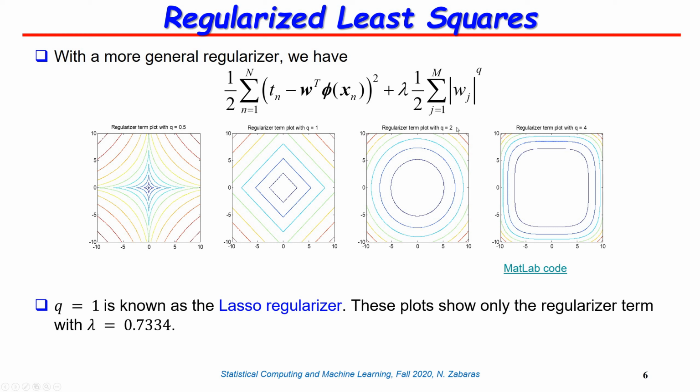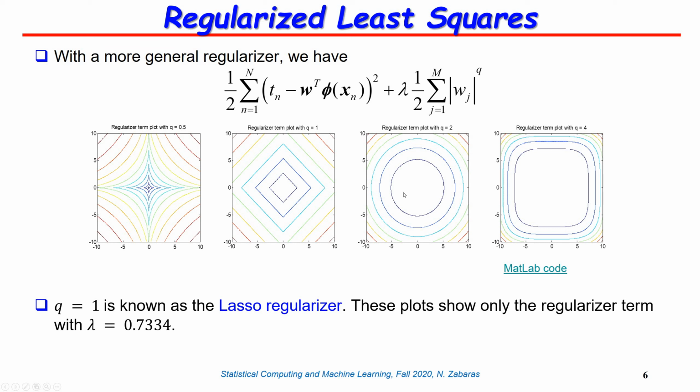Obviously, if q equals 2, you get these nice contours. These are the contours only of the regularization term, so you get these nice circles. Now, if q equals 1, you get these squares with the coordinates that you see here, and this is what we call the Lasso regularizer. If q is greater than 1, you get contours of the regularizer that look like this.